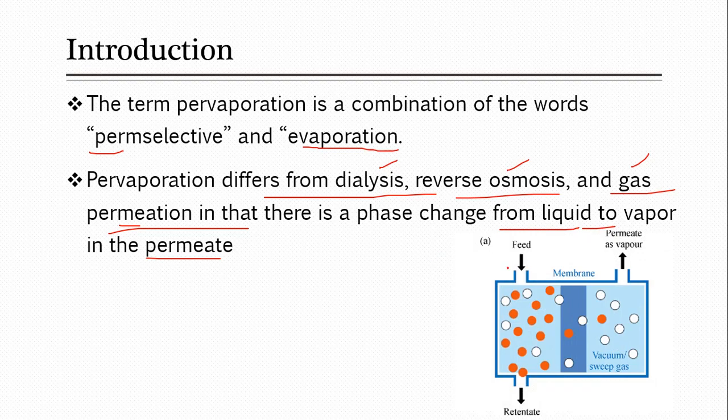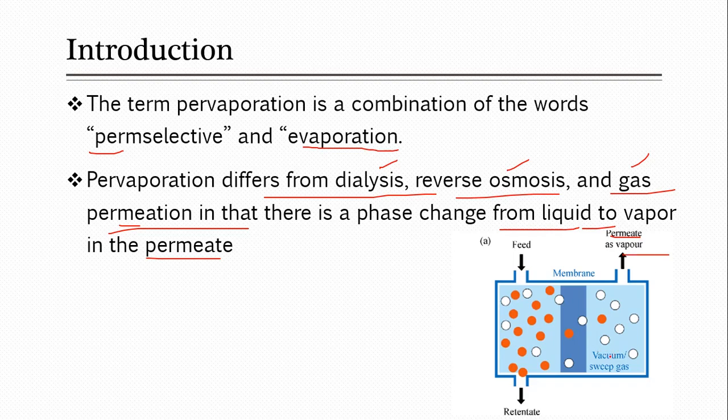For example, here in this cell you can see that on this side there is a feed, and then the membrane is installed inside, and on the other end you are collecting the permeate, because here it is mentioned as permeate vapor.